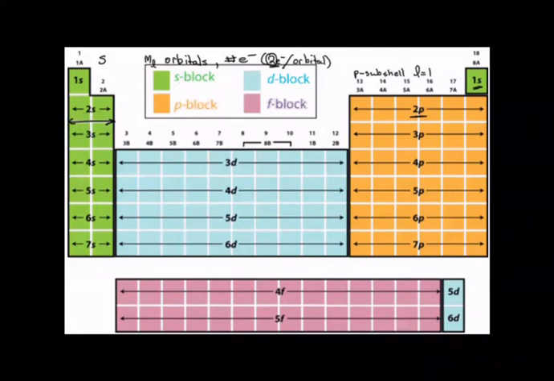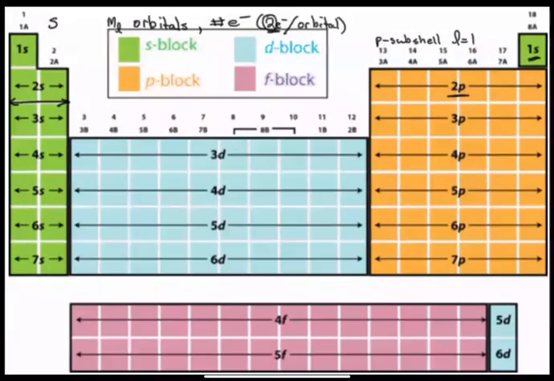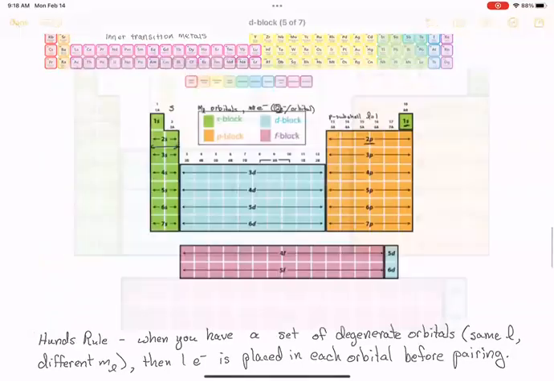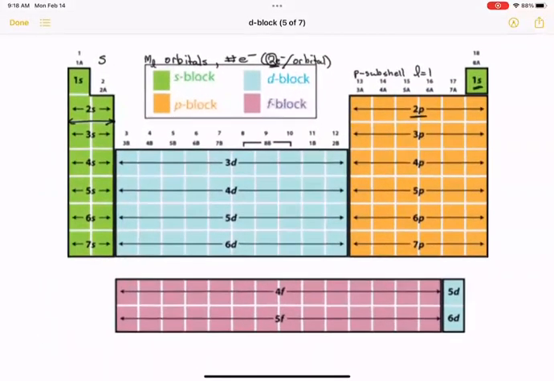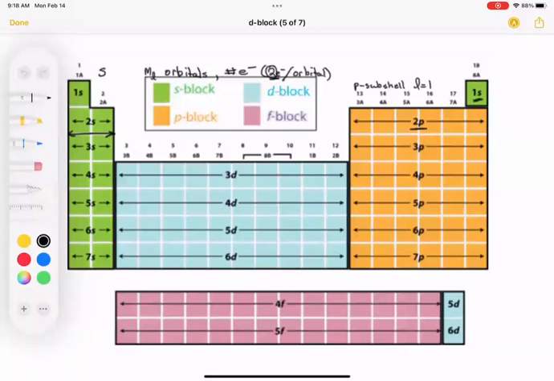I will refer to this as the XS block, where X is equal to the period number. So this is what I'm referring to as X.